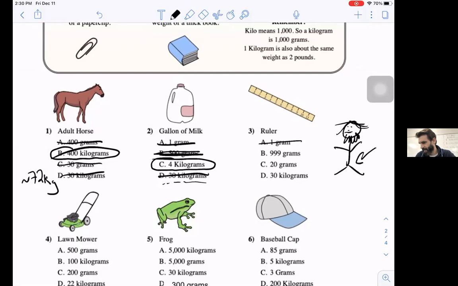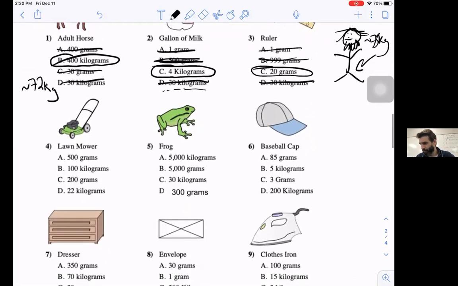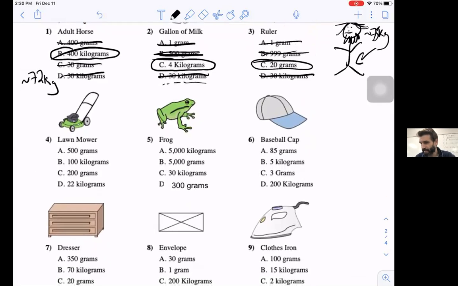This person is approximately 75 kilograms, just to have that as a basis. So a ruler is not this. My ruler's almost 999 grams, almost a kilogram, almost 2.2 pounds. It's a heavy ruler. So a ruler is maybe about 20 grams, okay? And you could go through these and try to estimate some of these here.